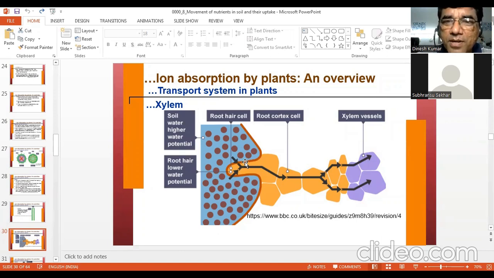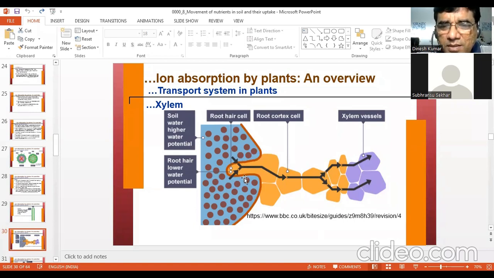Not just root hairs, but many other parts of the root are responsible for uptake of different ions or molecules. And so far as water is concerned, water uptake mostly happens by root hairs, but other parts of the root also help in the uptake of water.